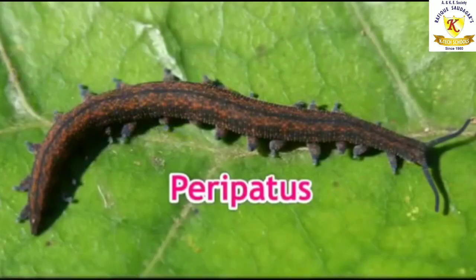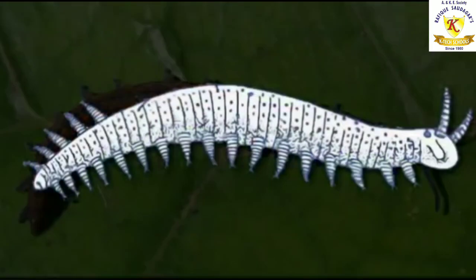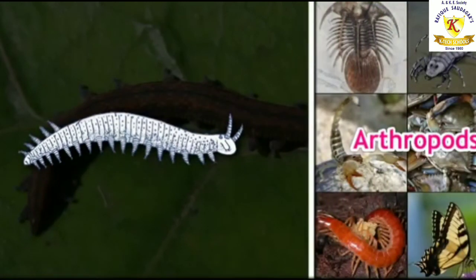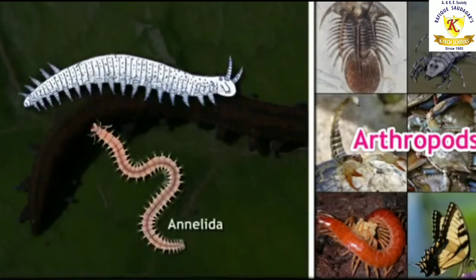Example, in peripatus, characters like segmented body, thin cuticle, and parapodia-like organs are present. Similarly, these animals show tracheal respiration and open circulatory system similar to arthropod. This indicates that peripatus is connecting link between Annelida and Arthropoda.